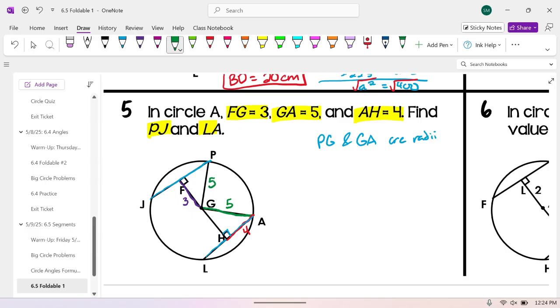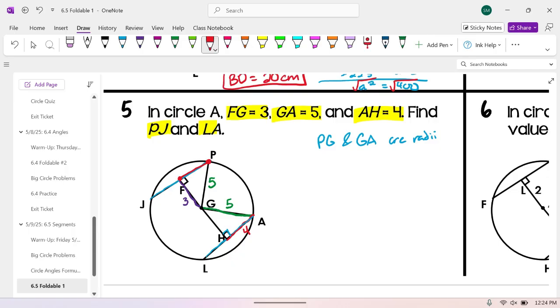Now, the reason I can't just assume that these are equidistant from each other, or that these are the same, like if you draw all the way to form a radius, we just can't assume it. We've got to use the information that we got. But I can now do what to find this little segment right here? What can I use?